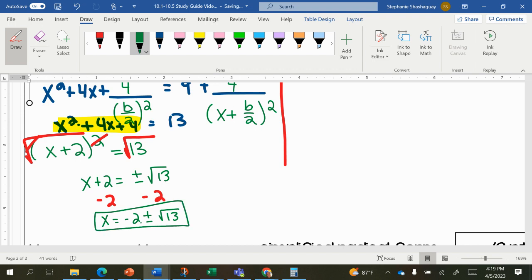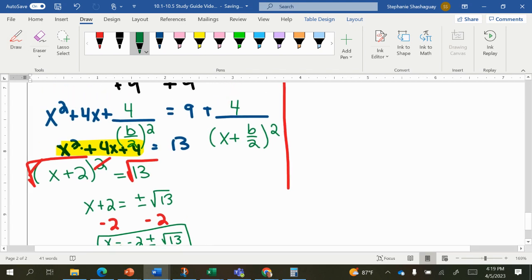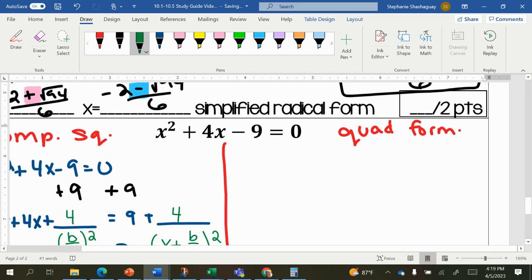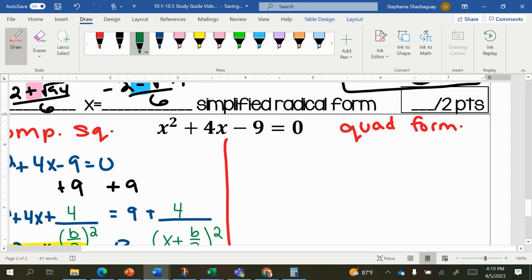Now, if you don't like this, then you have to use the quadratic formula. So let's go ahead and use the quadratic formula. And we're going to do a is equal to 1, b is equal to 4, c is equal to negative 9.